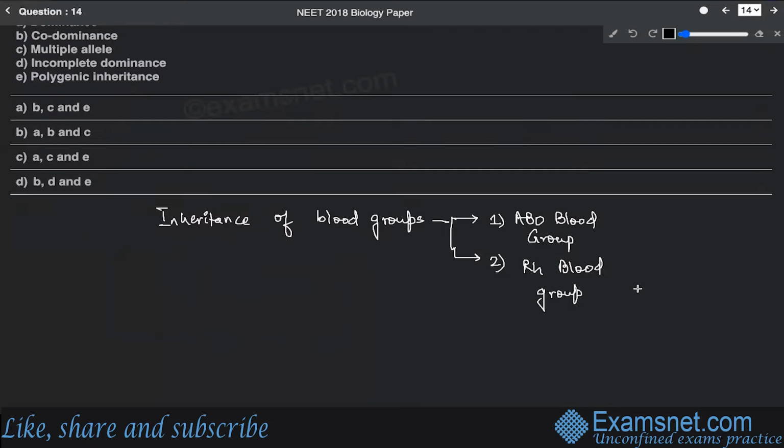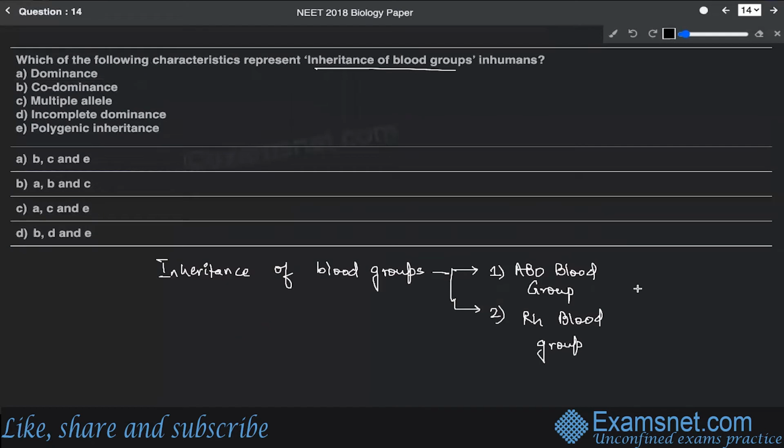All right, so these are the two categories of blood grouping. Rh blood grouping is the category where 90% of the human population shows this type of blood group. And ABO is the general blood grouping that we have studied.